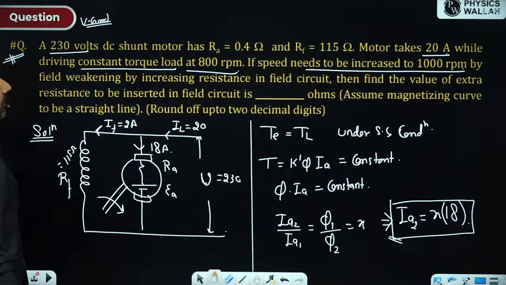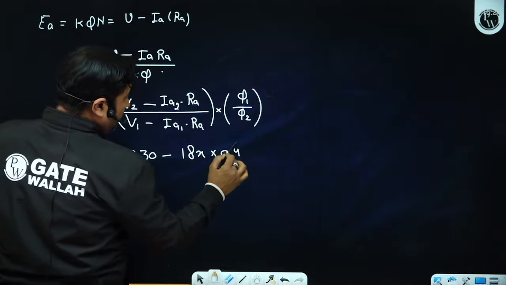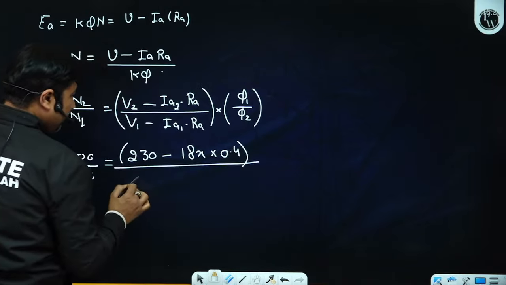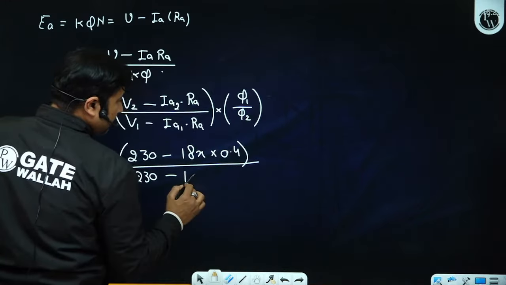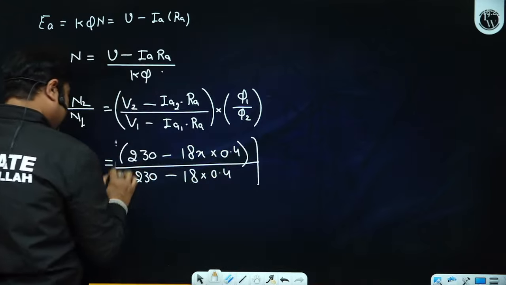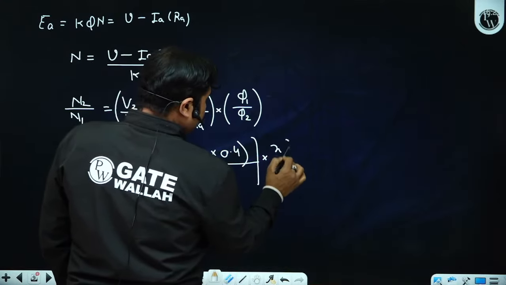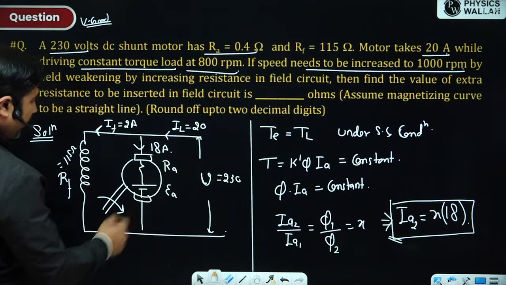Ra is given to you as 0.4. So 0.4 divided by 230 minus 18, Ra is 0.4, whole multiplied by x. As phi 1 by phi 2 we have considered x.